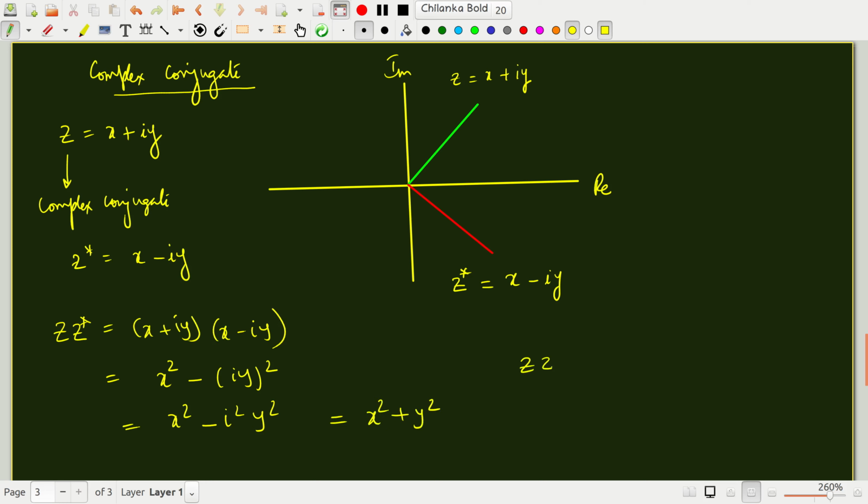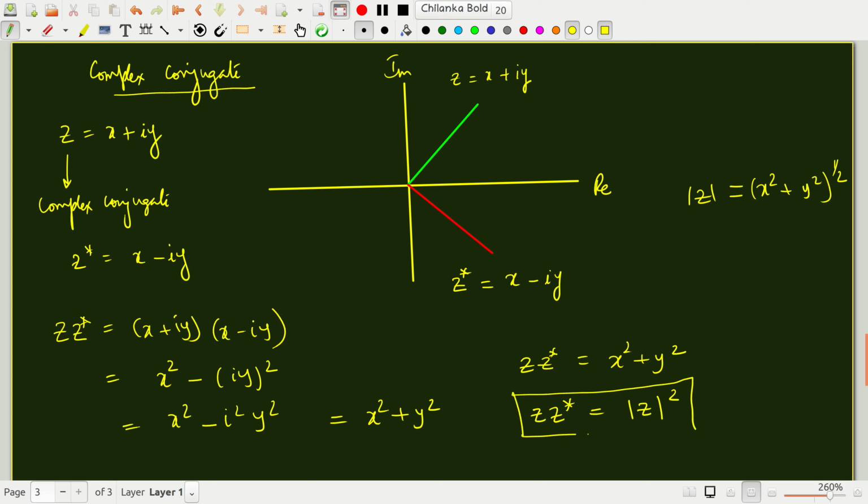So z times z star is x squared plus y squared, but we also know that x squared plus y squared is nothing but mod z the whole squared, because the absolute value or magnitude of a complex number is x squared plus y squared to the half, which we just saw. So if you multiply a complex number by its conjugate, you get the square of its magnitude or absolute value. This is a very important idea.